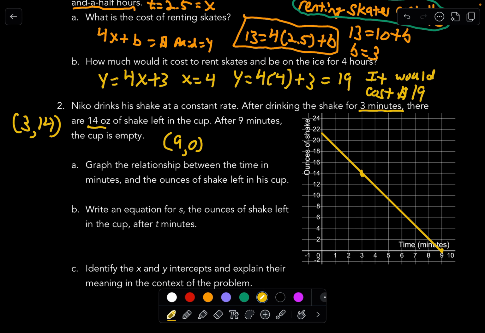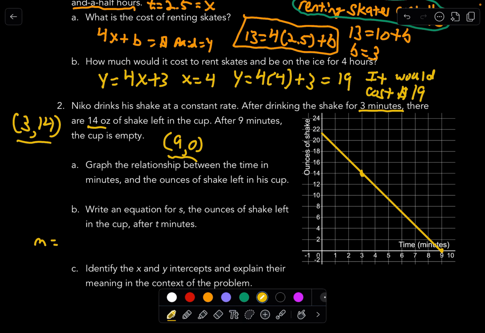Write an equation for S, the ounces of shake left in the cup after T minutes. Well, we can find the slope, the rate, from these 2 points. Remember, slope, the rate.